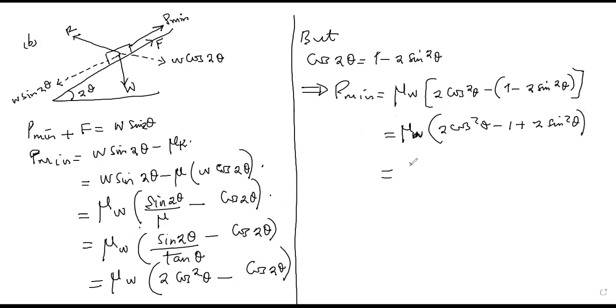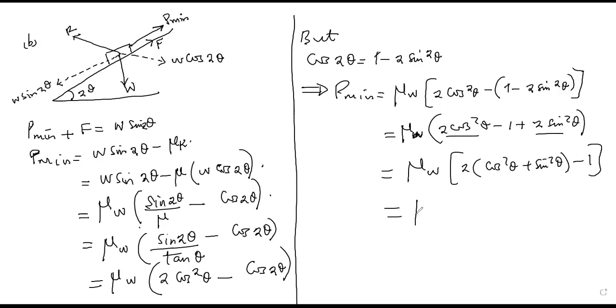Which is the same as mu W into, I can factorize out 2 for this and this. So I can say 2 into cos squared theta plus sine squared theta, then overall minus 1.